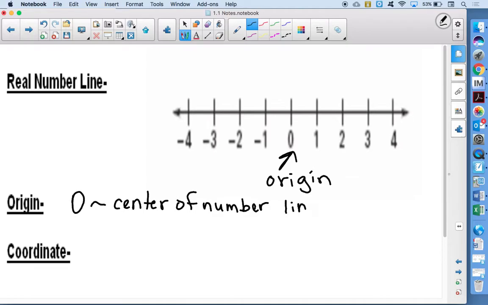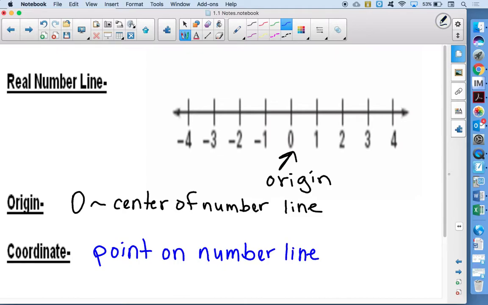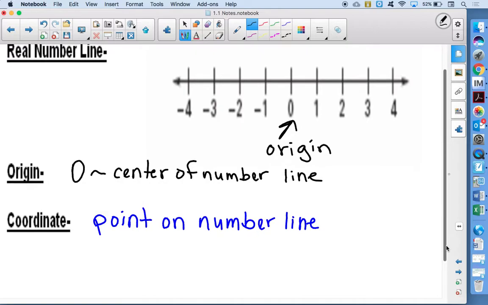So when we graph, we have a center, the origin is at the center of the xy axis. On a number line, it's at 0. A coordinate is just a point that matches with the number line, or a point on the number line. So if I had a point right here at 3, my coordinate would be 3.